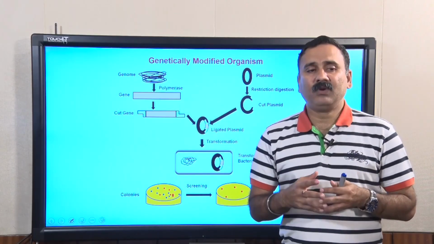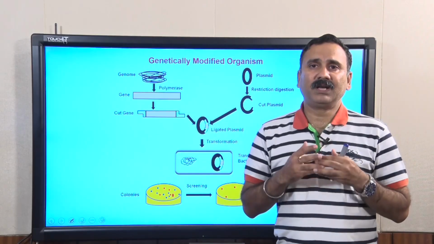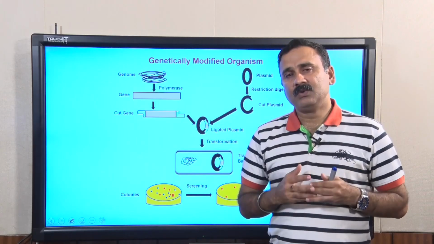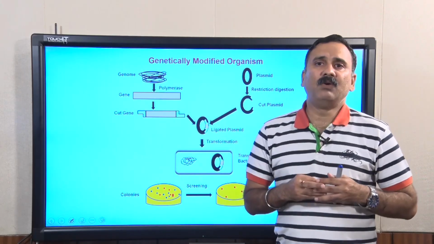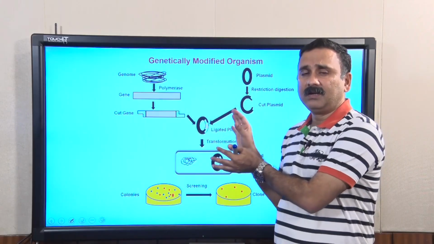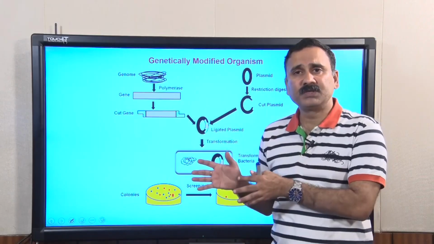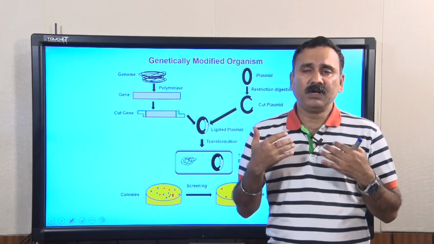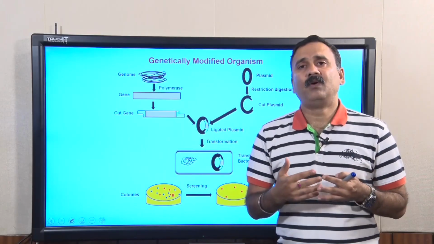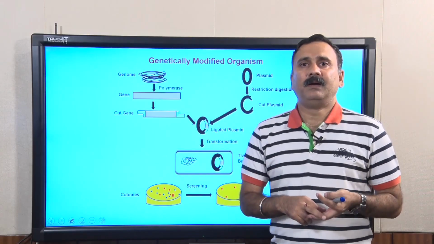So, with this we would like to conclude our lecture here, and in the subsequent lectures we are going to discuss how to exploit these transformed host colonies, or transformed hosts, to produce proteins for downstream biotechnology applications.